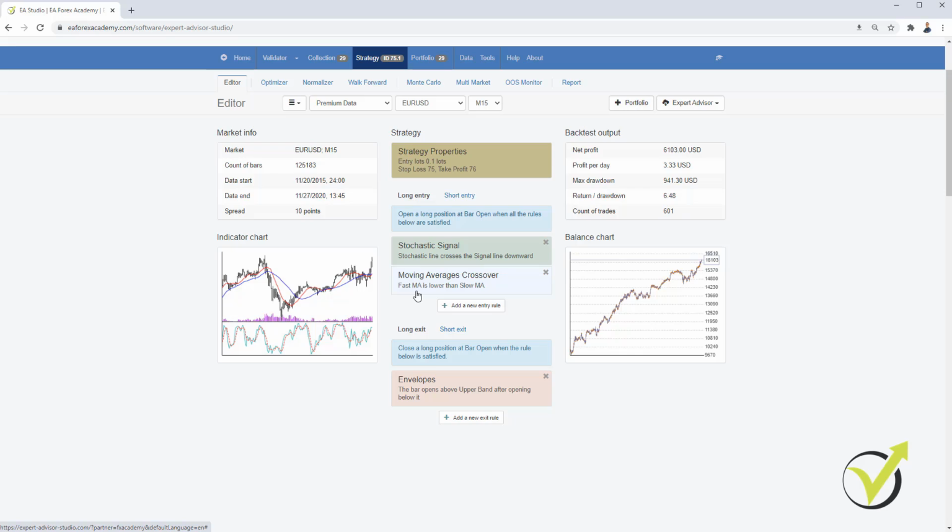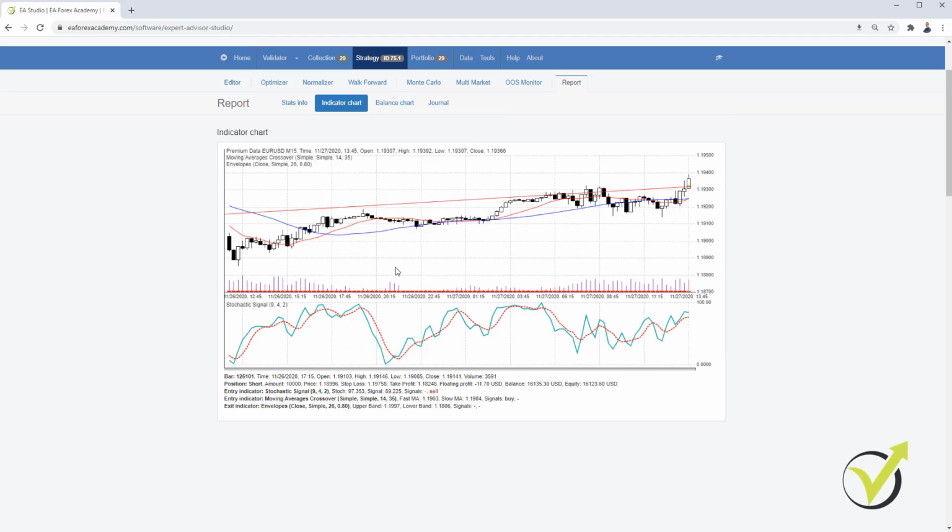What does that mean? That is a range strategy, right? It doesn't follow the trend because it wants to buy when the stochastic line crosses the signal line downwards, or in other words, when the price goes down, and as well the fast moving average is lower than the slow moving average. Those 2 together identify when the price is going down.